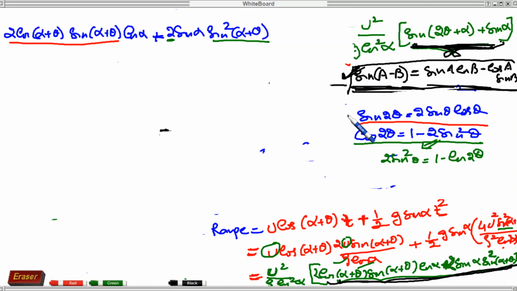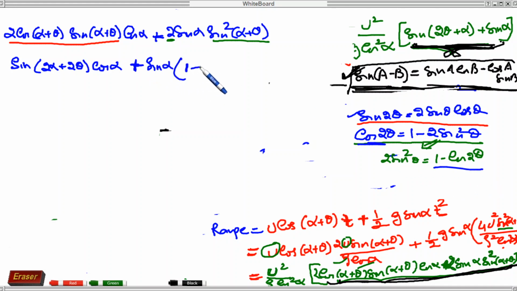So this will become sine 2 theta, so it will become sine 2 alpha plus 2 theta cos alpha. And when we put this cos 2 theta here, it will become sine alpha in bracket 1 minus cos 2 alpha plus 2 theta.